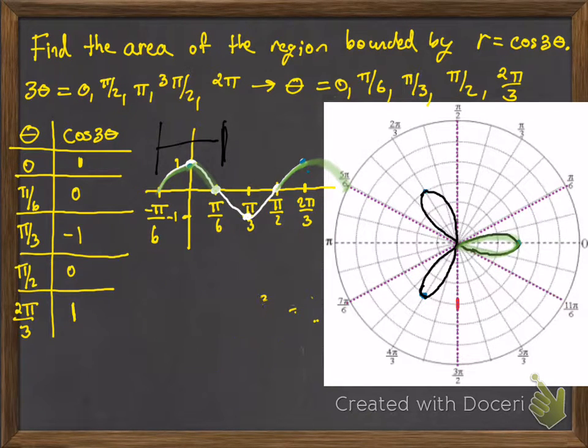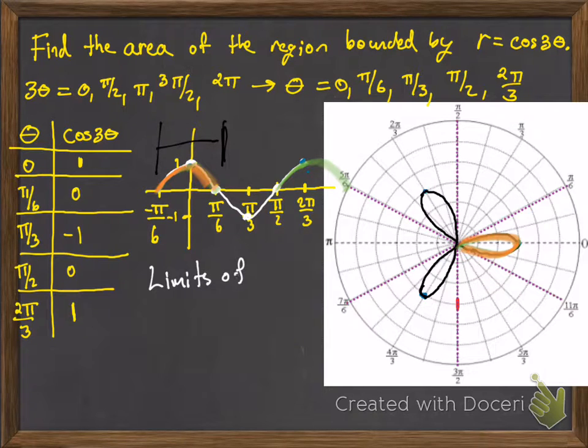So I've highlighted in green, and we'll highlight it again. Maybe we'll highlight it in, I don't know, orange. So this portion right here that I'm highlighting, that corresponds to this part right here, and that's from negative pi over 6 to pi over 6. That gives us that rose petal right there. So that gives us our limits of integration.